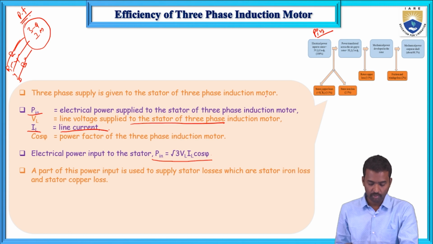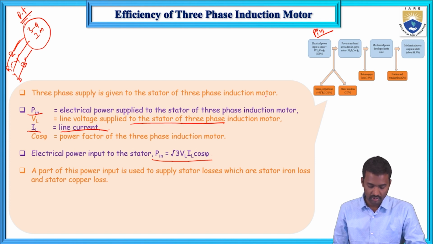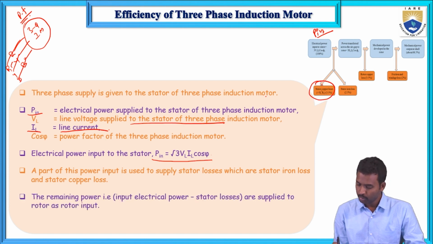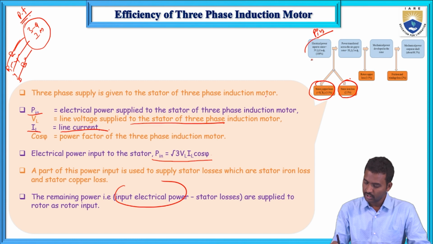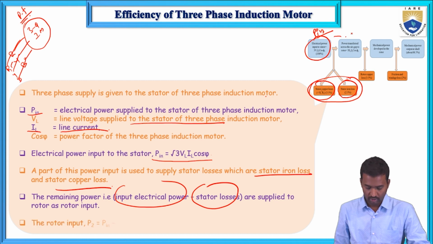Apart from this, the input power is used to supply the stator losses, which are the iron losses and the stator copper losses. The remaining part, the electrical power input minus these two stator losses, is supplied to the rotor as input.